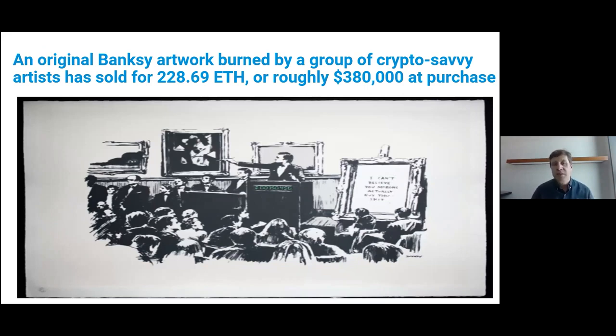We burn Banksy's piece and we recorded it, and this performance art is a new art now. And they sold it, at that time it was, or with today's numbers, more than $600,000. Ethereum today is more than $2,300. So you can multiply it.